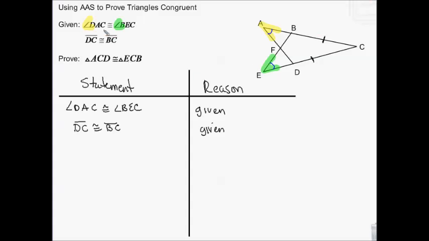That is a jive. This should be AC and EC. Sorry about that, that was my typo. So this whole length here is the same as this whole length here.